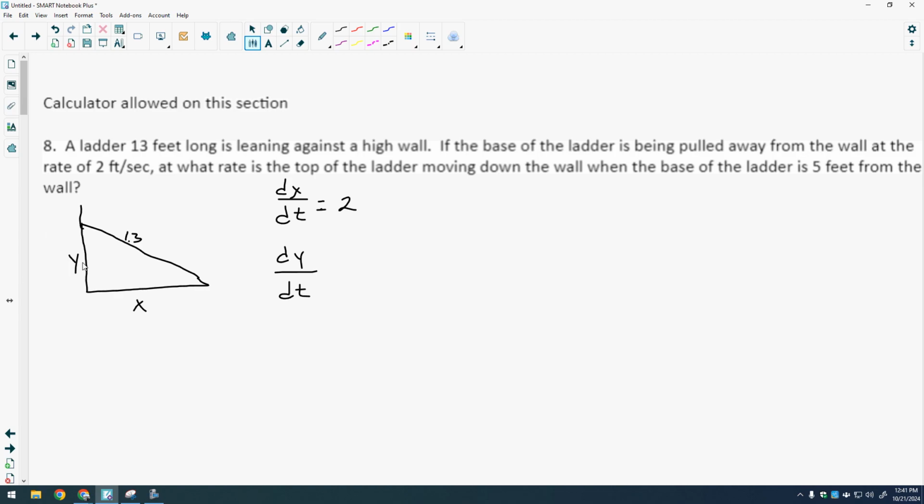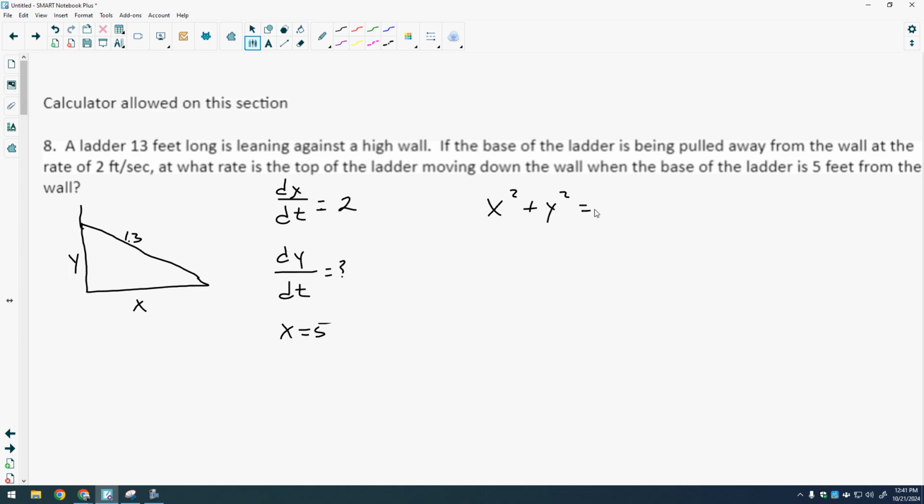So what is dy/dt? How fast is this distance changing when the ladder is 5 feet from the base? Okay, so we wrote down all the information we know, and let's write a relationship between the two quantities, x and y.